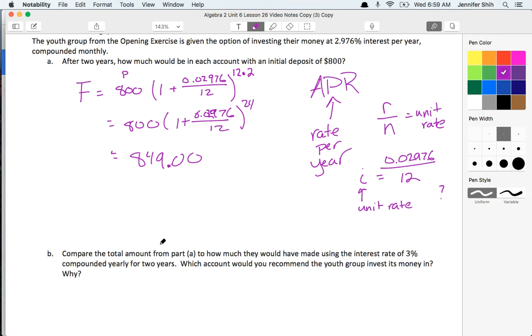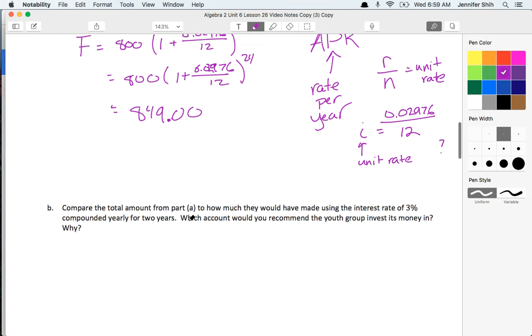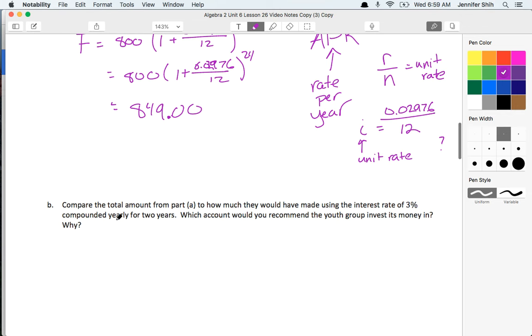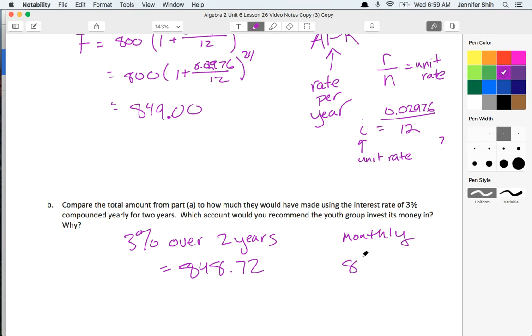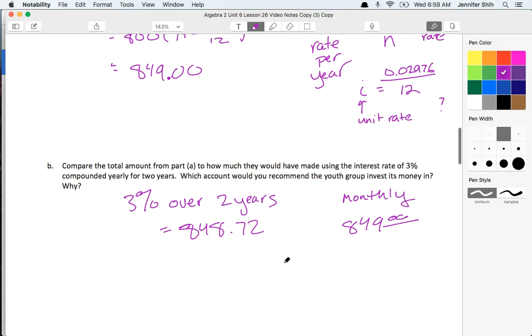Oh, that was part B. Compare the total amount from part A and how much you would have made in 3% over 2 years, which equals 848.72. And then monthly, which we just calculated, was $849. So tell that youth group, we're going to take our bake sale money and we're going to invest it monthly.